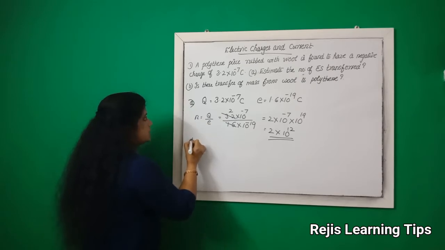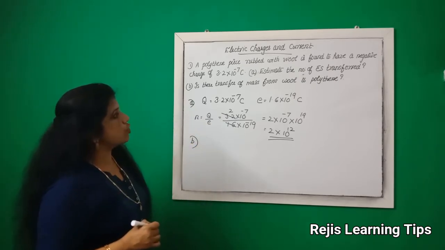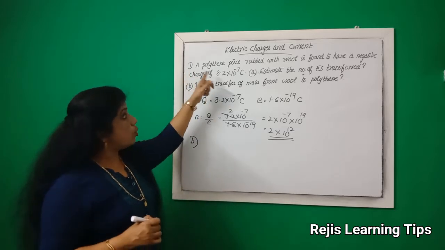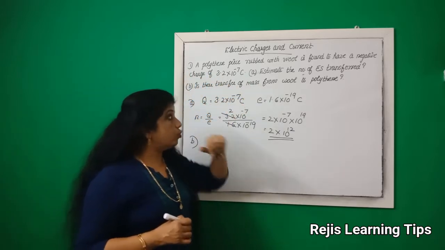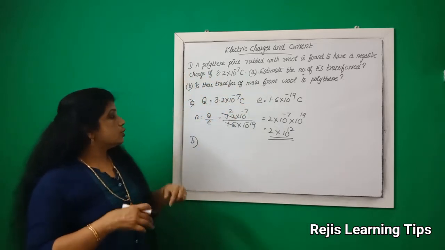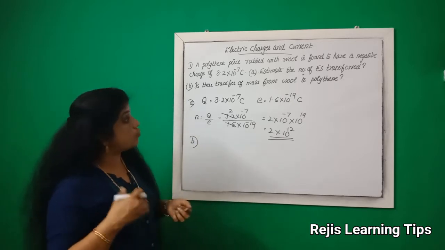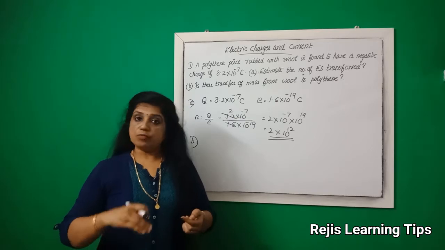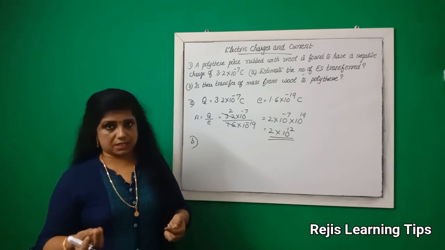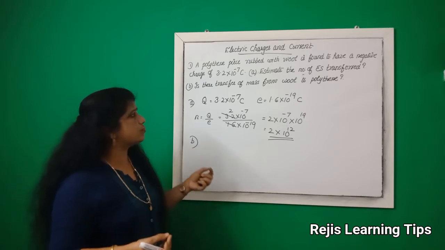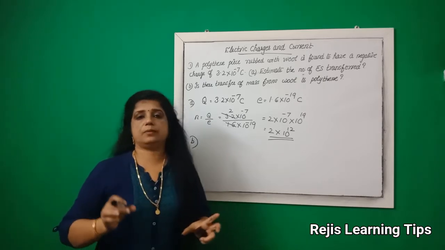Second question, that is, is there transfer of mass from wool to polythene? A polythene piece is rubbed with wool. Then 2 into 10 raised to 12 electrons are transferred from wool to polythene. We know that an electron has some mass. So definitely the mass is transferred from wool to polythene.